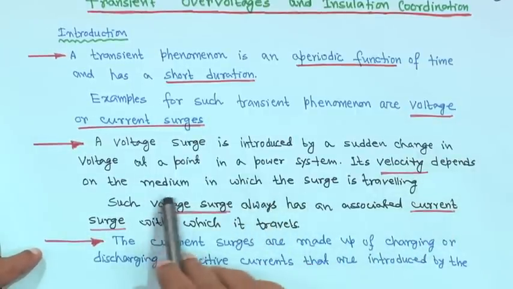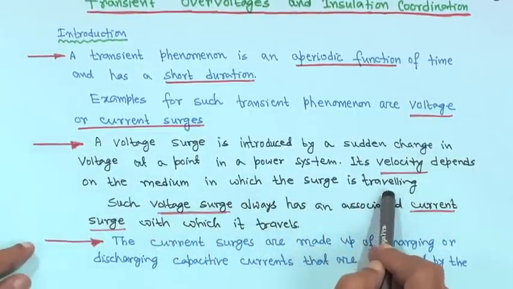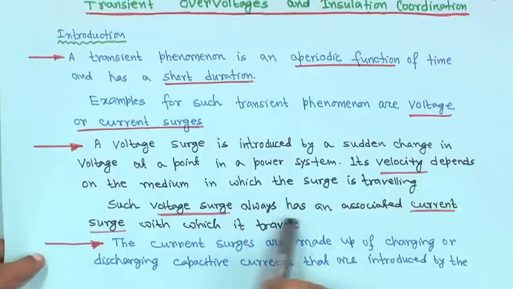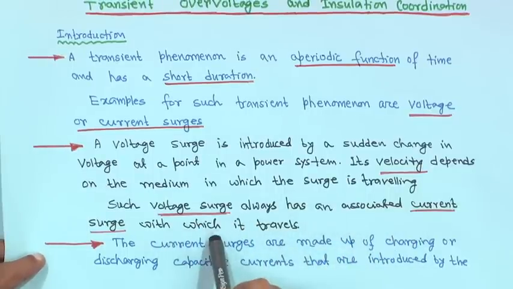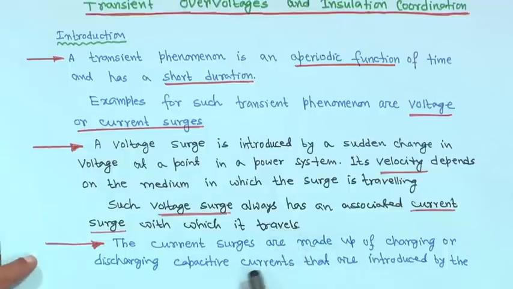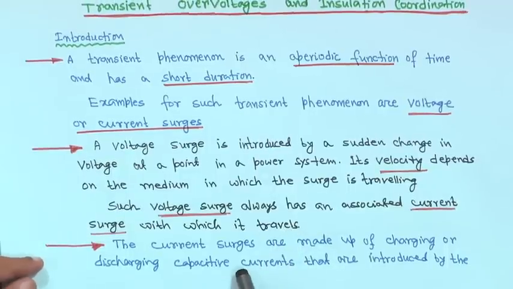Its velocity depends on the medium in which the surge is travelling. Such a voltage surge always has an associated current surge with which it travels. If there is a voltage surge, then an associated current surge will travel along with it.